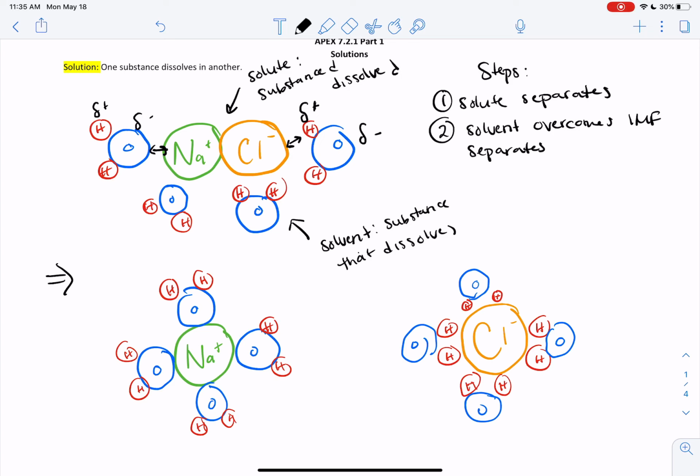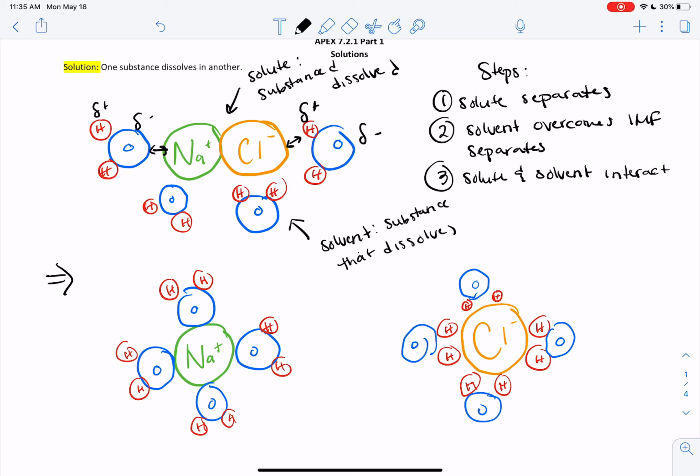Remember that water molecules are held together by hydrogen bonds with other water molecules, so they need to separate in order to interact with the solute. And that's our third step, is our solute and our solvent interact.